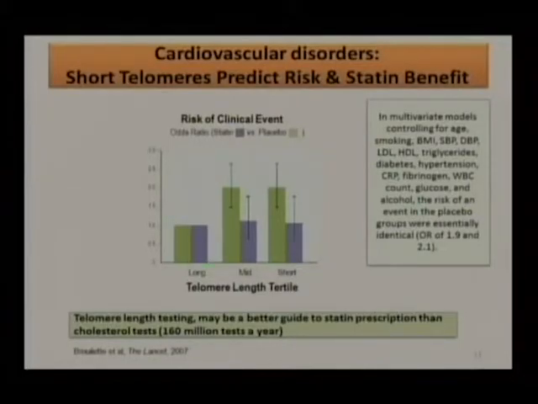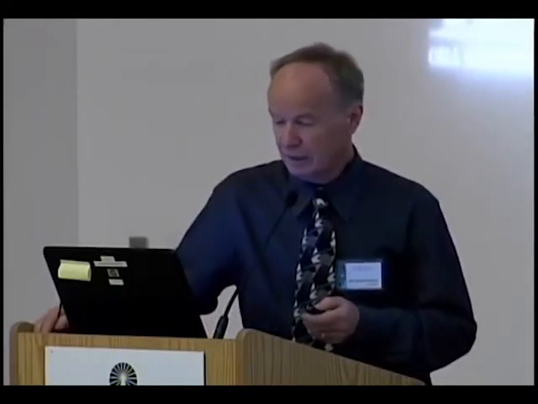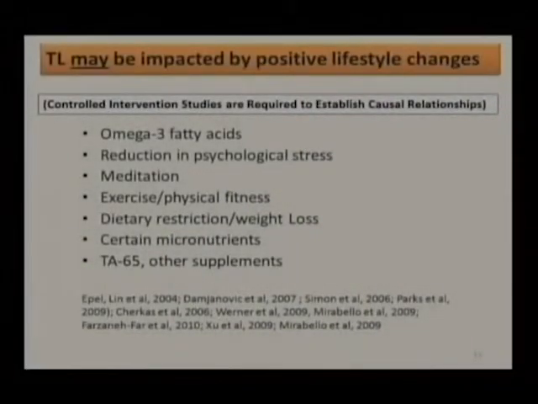So this is an area where in the future we may have thresholds where individuals, depending upon their telomere length, normal tissues may be given different drugs or different doses of drugs in order to optimize the benefit of the therapy. Okay, I'm saying here that telomere length may be impacted by positive lifestyle changes.